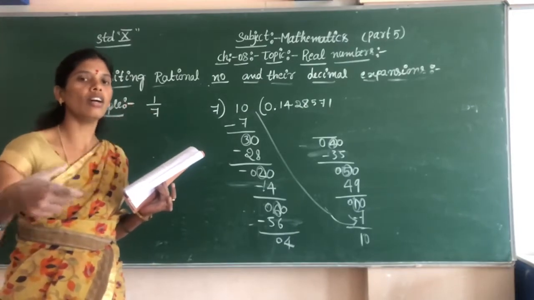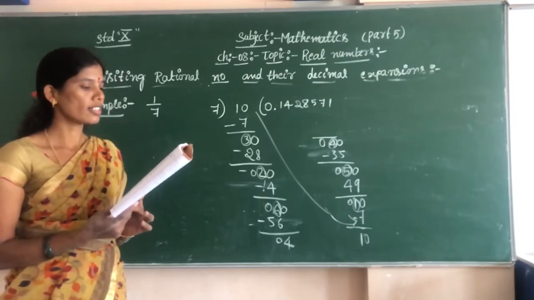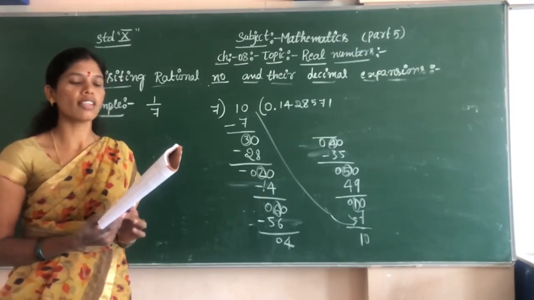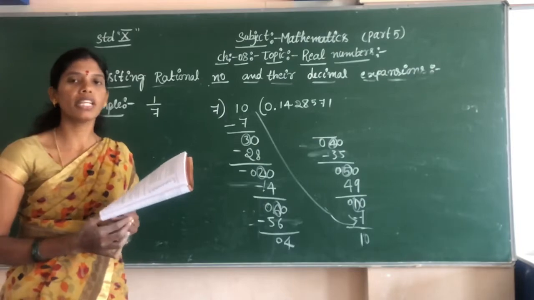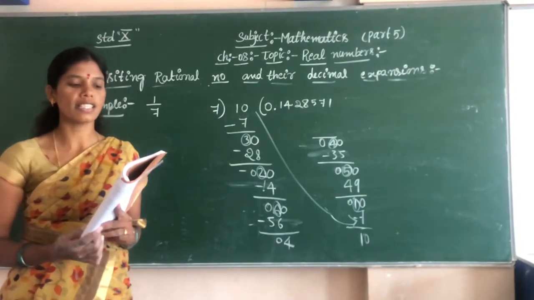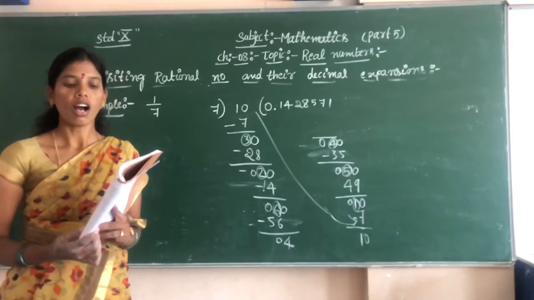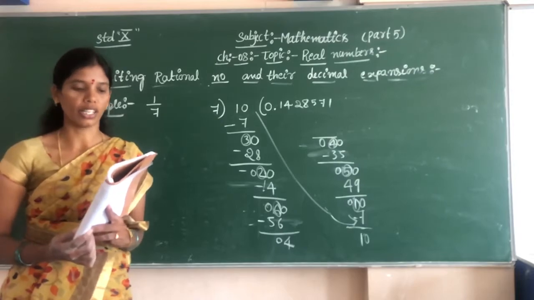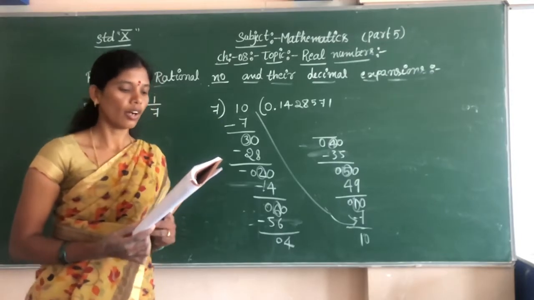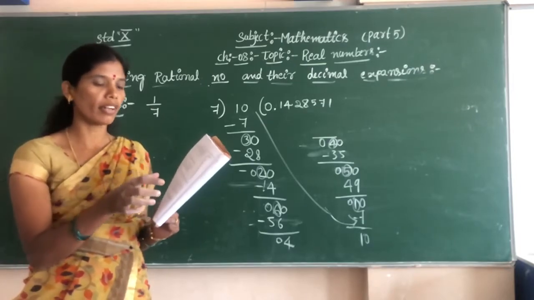We should do the long division method. So a rational number whose decimal expansion is non-terminating is called non-terminating and recurring. Okay, children, you should copy this into your notes.